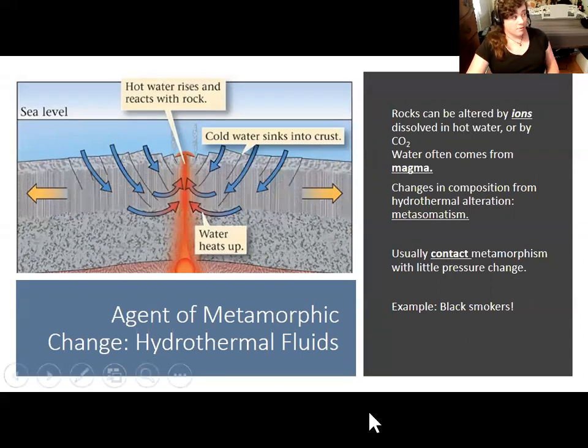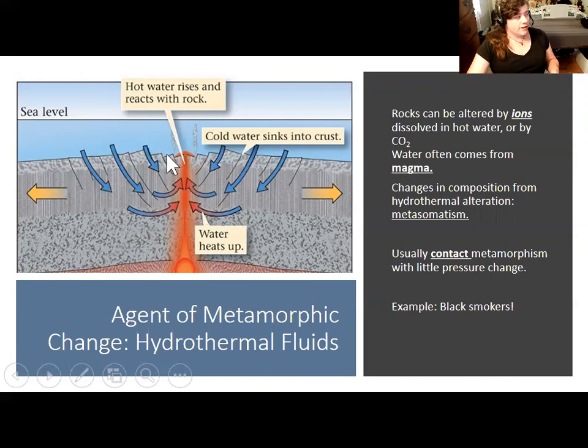A really good example, aside from the ones I mentioned, of this are actually the black smokers you get on the ocean floor, where you have cold water sinking through cracks on the ocean floor, getting heated by magma from underneath. This often occurs at divergent plate boundaries, actually. This is the divergent plate boundary.